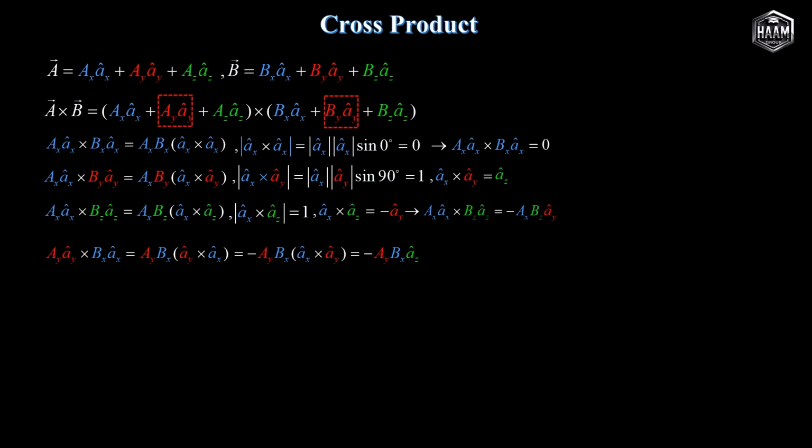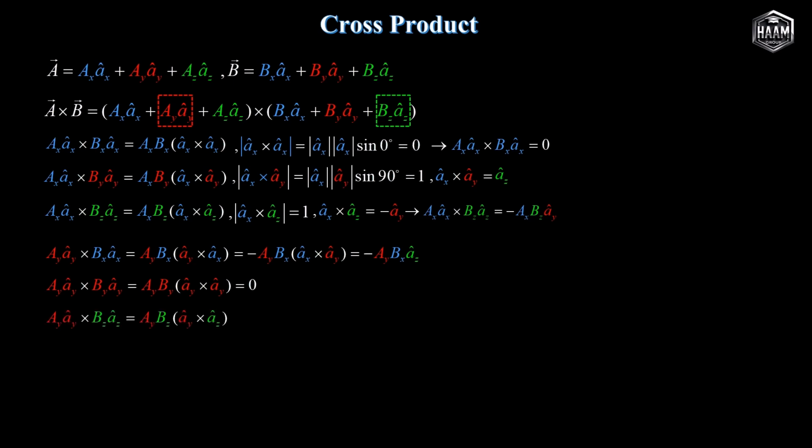For the product of the second component with the second, since a unit vector is multiplied by itself, the vector cross product equals 0. Finally, we proceed to evaluate the second component multiplied by the third component.